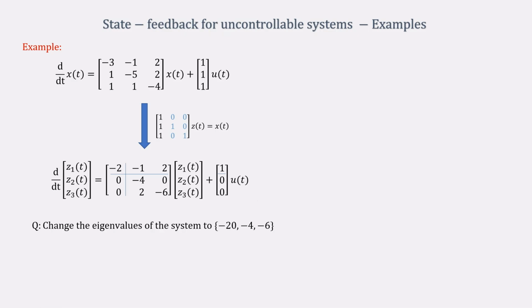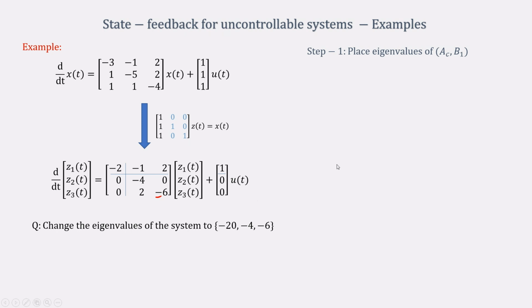Let us take another example where the system remains the same. Now, we are saying change the eigenvalues of the system to -20, -4, -6. Now, this is doable because I am not changing -4 and -6. The only thing I have to do is change -2 to -20, and we will see how to do that.